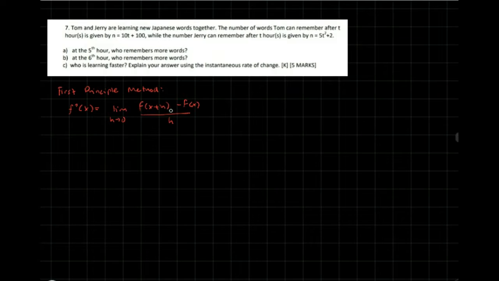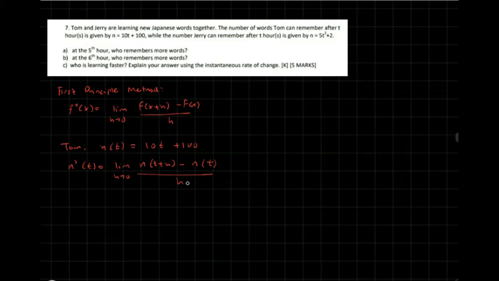Now, using the first principle, I'm going to do this for Tom. For Tom, his function is n(t) = 10t + 100. So n'(t) is equal to the limit as h approaches 0 of n(t + h) minus n(t) over h.